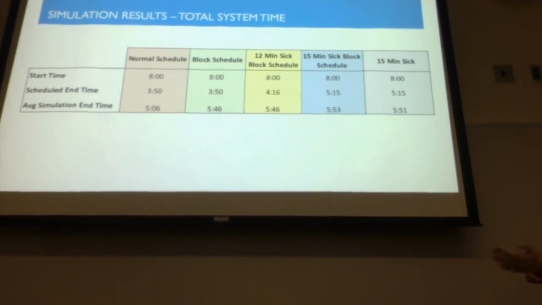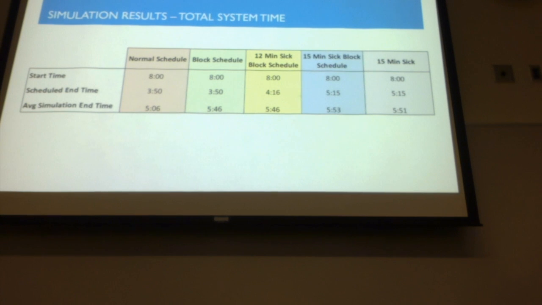For a block schedule, that's around 5:46. And for 15 minutes, even though the scheduled end time is longer, as you can tell for the 15-minute block schedule and the 15-minute sick, the time between the scheduled end time and the actual average simulation end time is not as long.